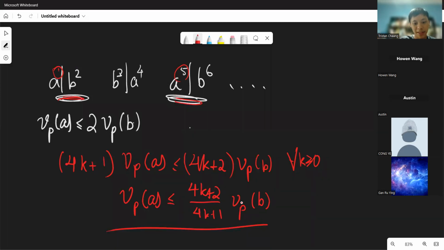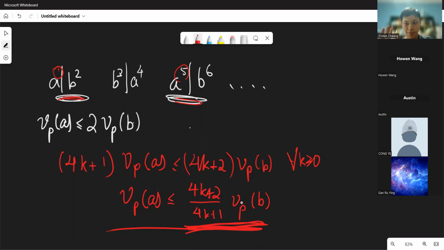Sadly, this number here is always slightly greater than VPB, right? It's always ever so slightly greater than VPB. And the larger k is, this difference is smaller, because if k is very, very large, this fraction here, 4k plus 2 over 4k plus 1, is really, really close to 1.